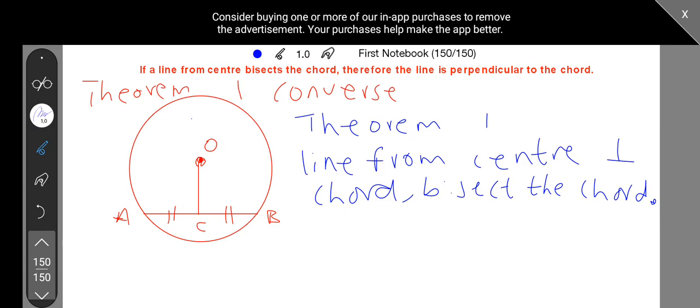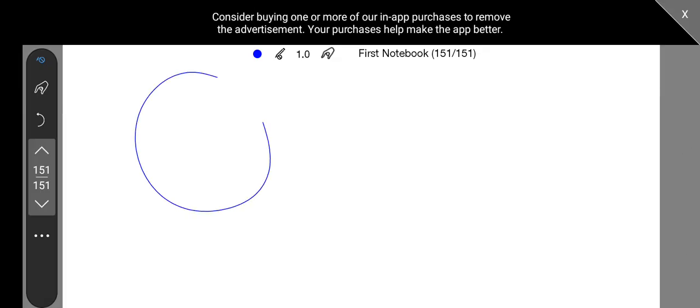Okay, so the reason we give when we're talking about the theorem, let's have an example. Suppose they give you a circle, and we'll just assume that this thing is perpendicular.